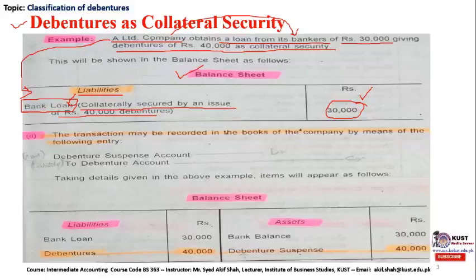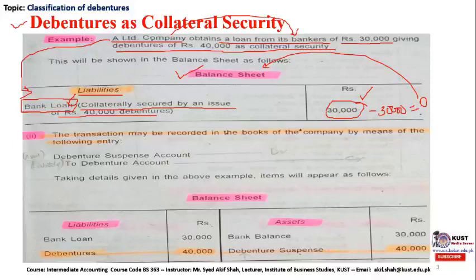And if the amount exactly meets these 30,000 rupees of loan, then nothing will be given to the company, because the difference of the realized amount of the debentures minus the loan amount nets out to zero. So nothing is left with the bank to be returned to the company as a cash deposit.